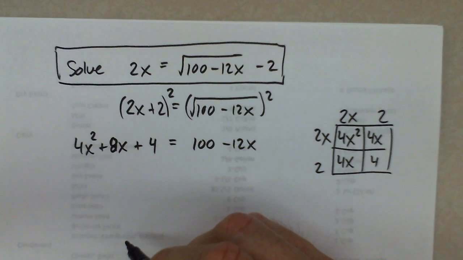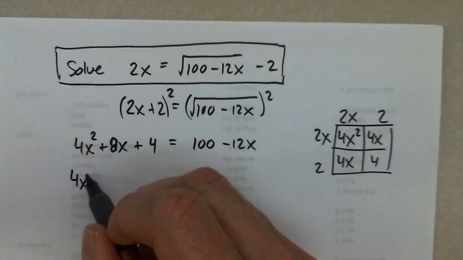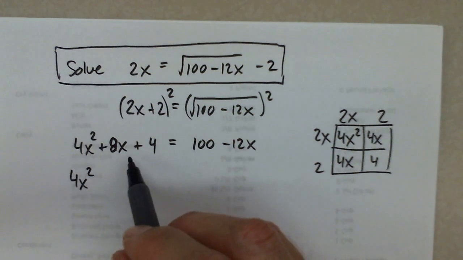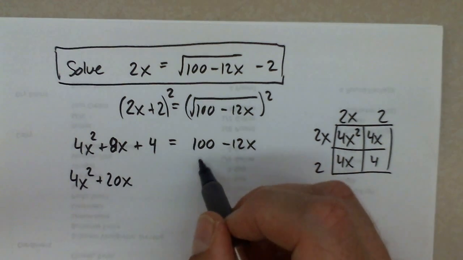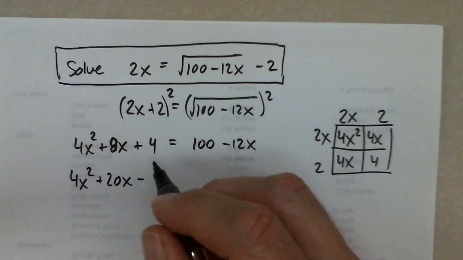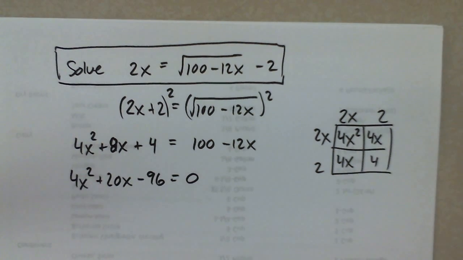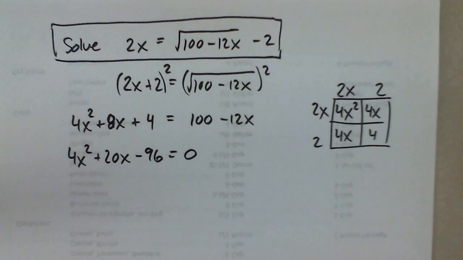Alright, now we have a quadratic, so we'll just get everything to one side. 8x plus 12x, move the 12x over, minus 100. We could use the quadratic formula, or we could factor. Let's go ahead and factor. We can divide everything by 4.